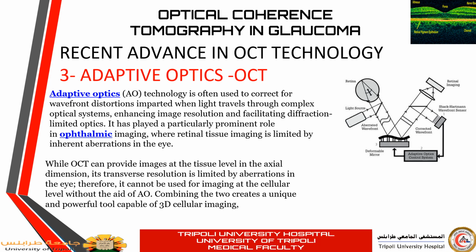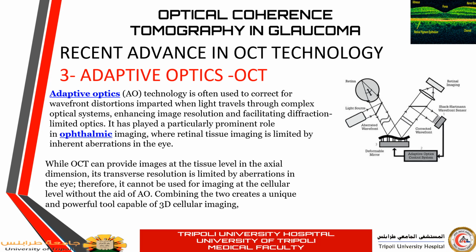So to solve this problem, they incorporate what's called adaptive optics, that is using malleable mirrors and special mirrors that deal with the wavefront coming from the eye. When you shine a light into the eye, it will be reflected back based on the diffraction and the wavefront of that patient.